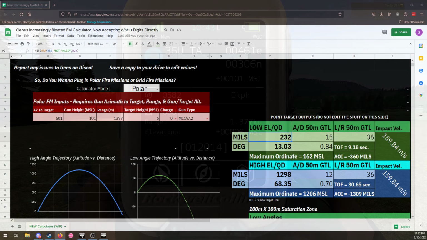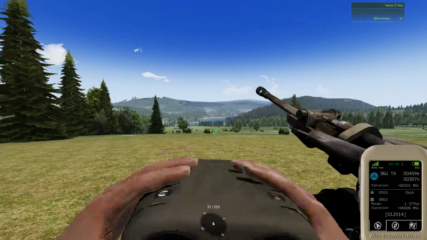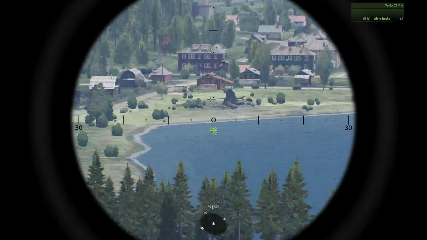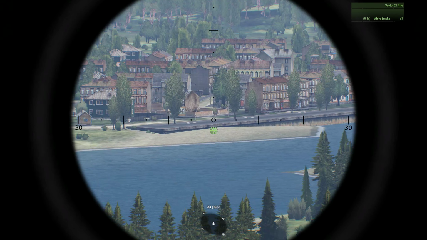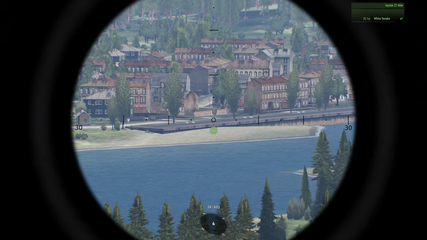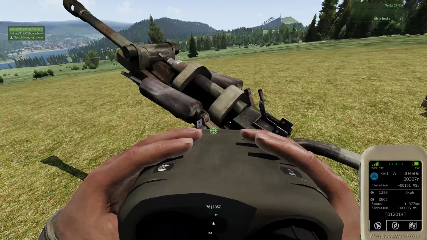So going back to the game, let's try and first locate that bus stop. I'm pretty sure it's down along that pier somewhere. There he is. That's him. Right there, that little bus stop. Alright. So, I'm going to hop on the gun.